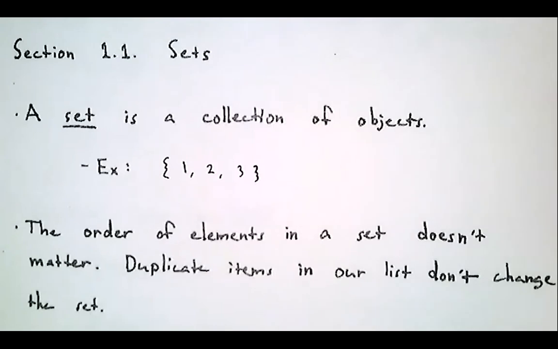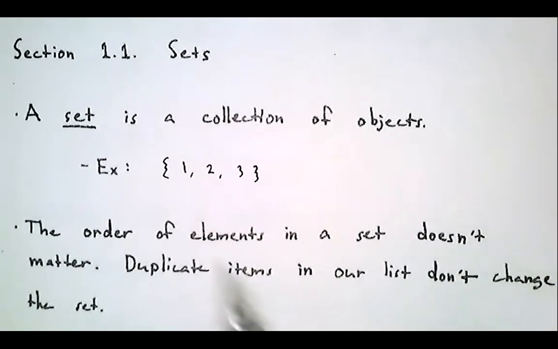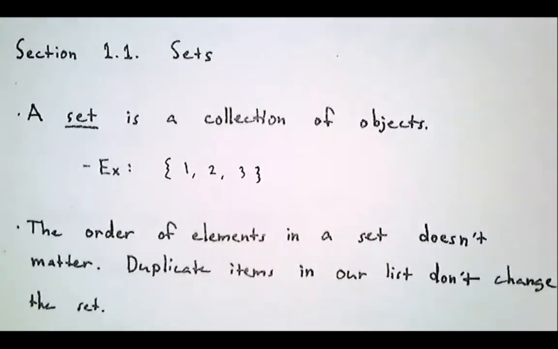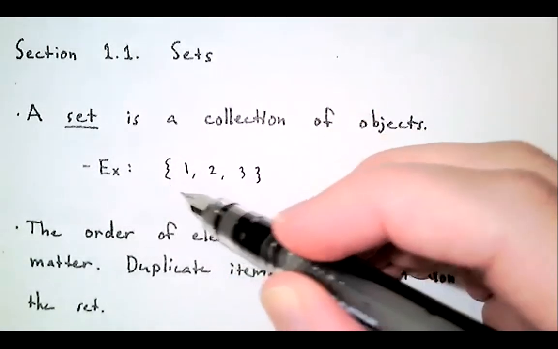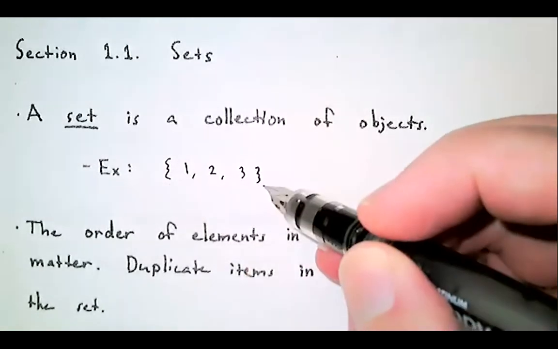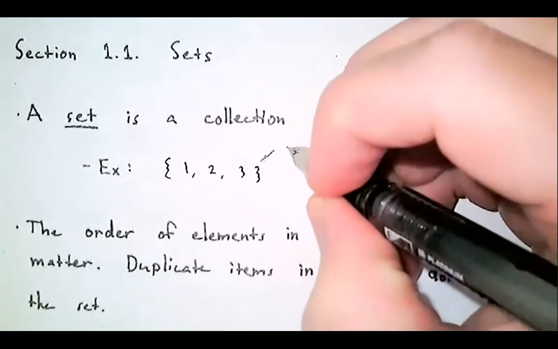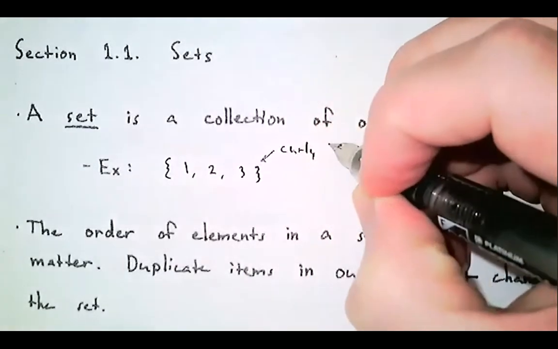Okay, so back to sets. This is a very simple set with 3 numbers in it, 1, 2, and 3. And I want to point out a few things. You should notice that I used these curly braces around my set, and in mathematics, this is what we're going to use for sets.